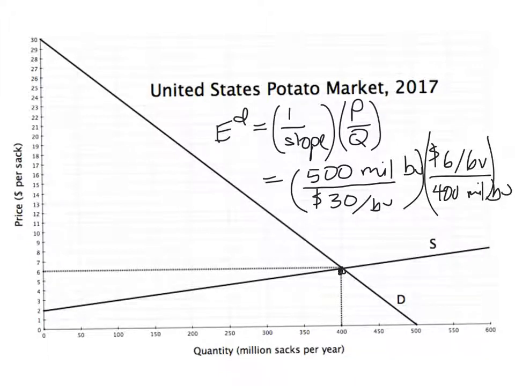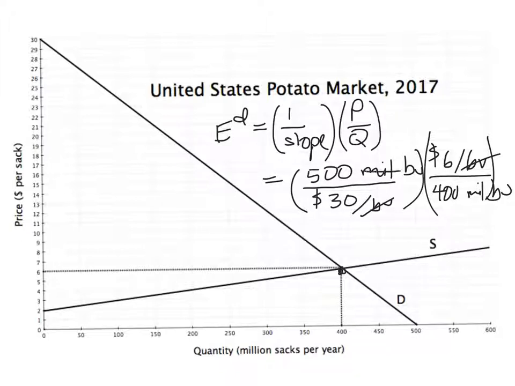Now, before I start calculating, I'm going to just cancel everything I can cancel to turn this into as easy a calculation as I can. First off, notice the units cancel. Elasticity is a unit-free measure. So 1 over bushels in the numerator cancels with 1 over bushels in the denominator.